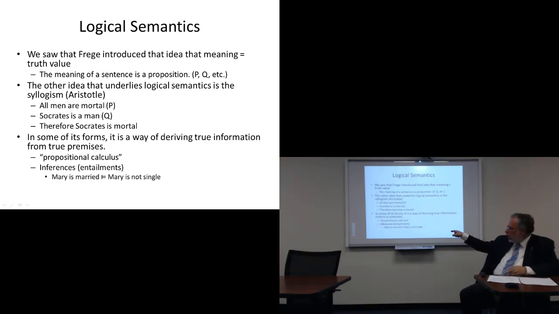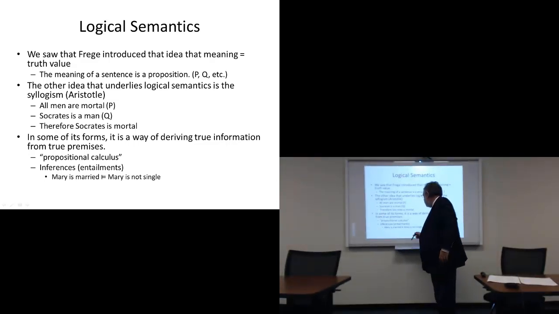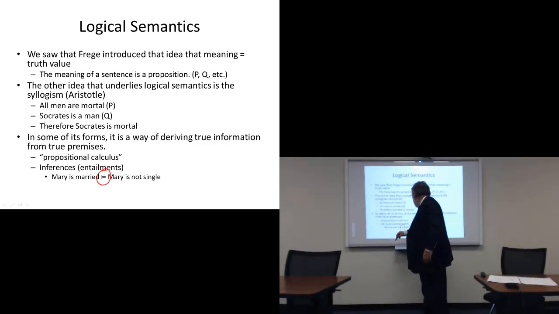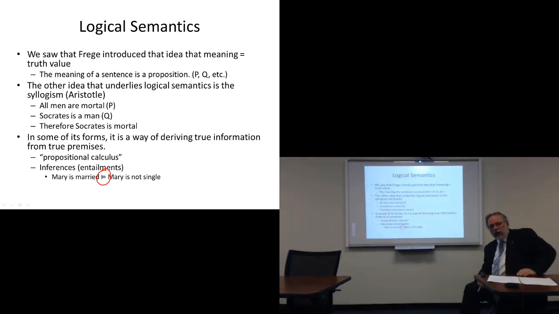And this symbol here is the symbol for entailment, okay? So that is the symbol that says Mary is married entails Mary is not single. So from Mary is married, you can infer that Mary is not single, and it follows logically and necessarily.